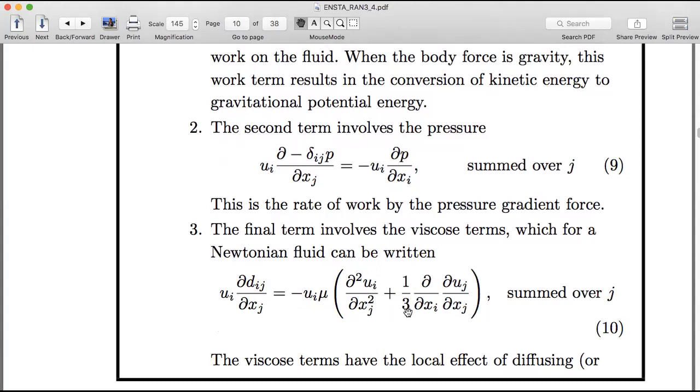For a Newtonian fluid, I can write the deviatoric stress tensor this way, or the partial xj of the deviatoric stress tensor ij would be written this way, times minus ui.